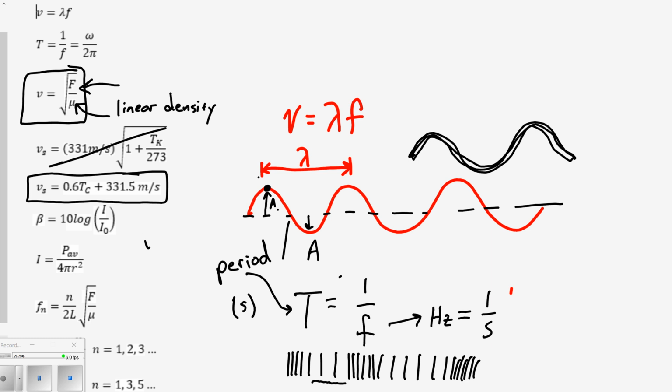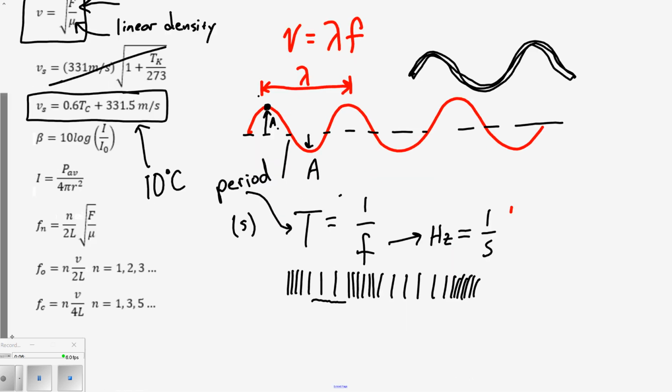This formula tells you the speed of sound in air at T_C, which in this formula is any temperature. So at 10 degrees Celsius, we could plug that in and it would give us the speed of sound at that temperature. That's all this other formula was, it just used Kelvin instead of degrees Celsius.